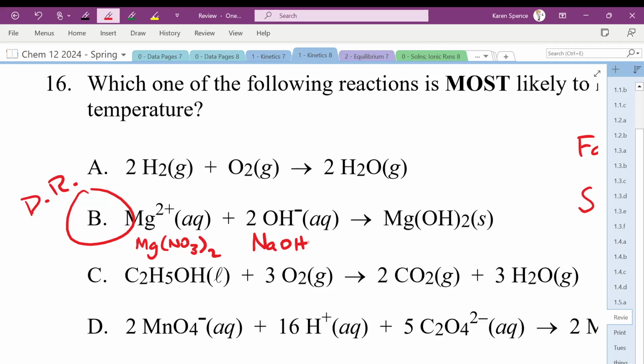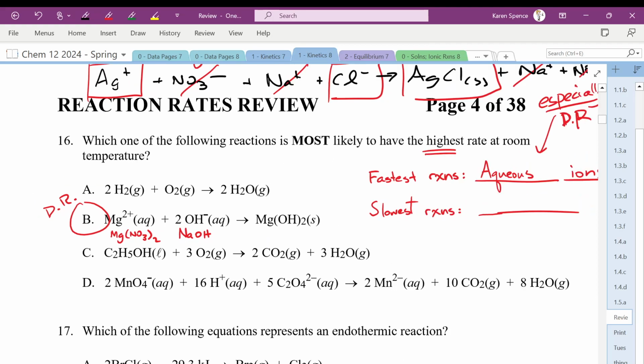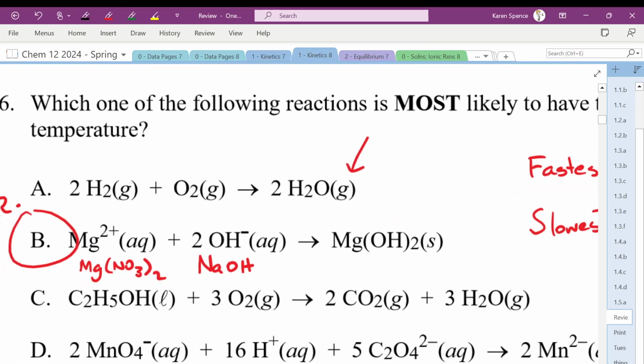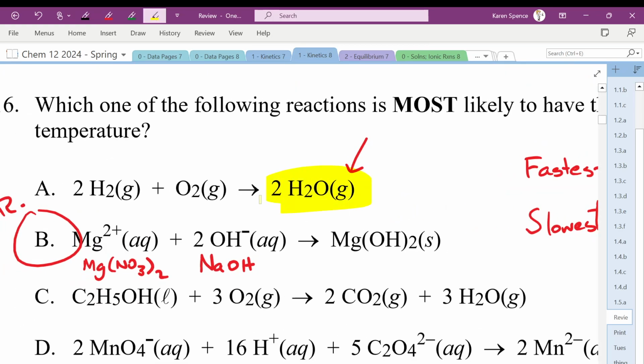Okay? So, back to this, our fastest reactions are aqueous ions, especially double replacements. And so we could say aqueous ions are faster than gases. They are faster. Oh, and I shouldn't even be pointing at this gas. Why should I not be pointing at this gas?